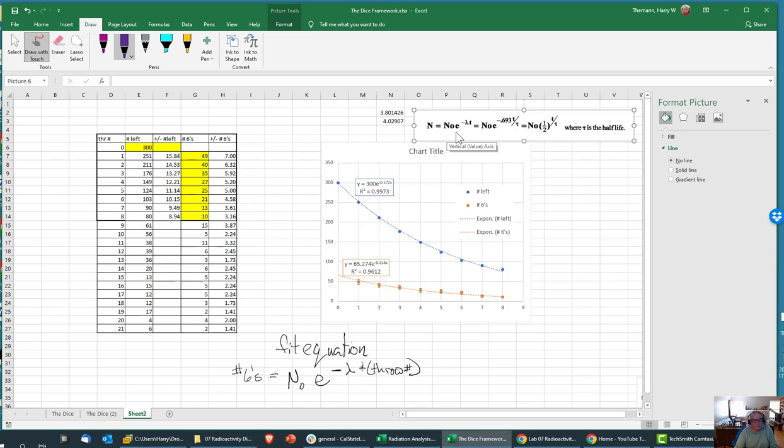So this original exponential equation comes up because the rate at which the number of decays we see depends on the number that are there. And that's a classic problem where you get this exponent, e to the minus lambda t.